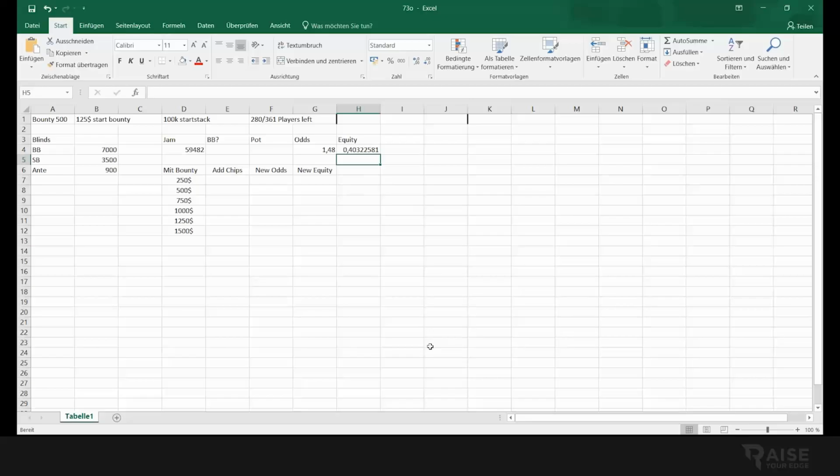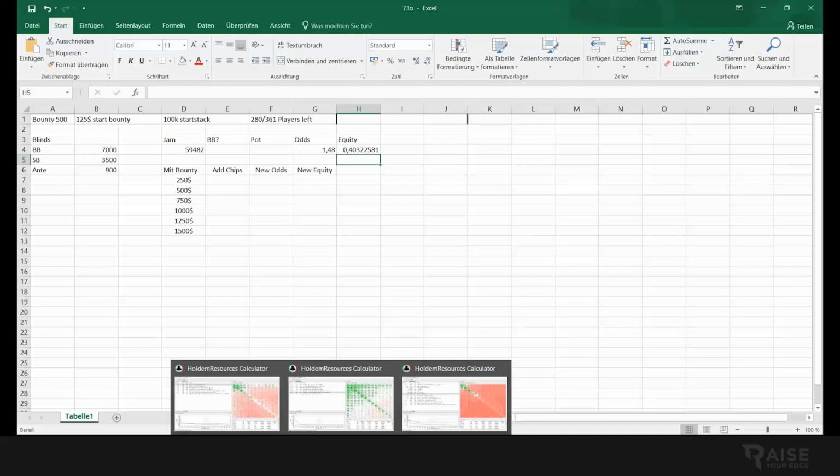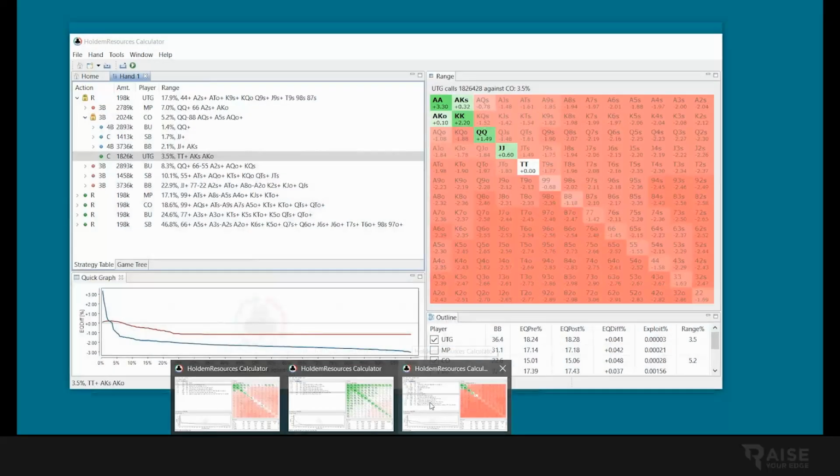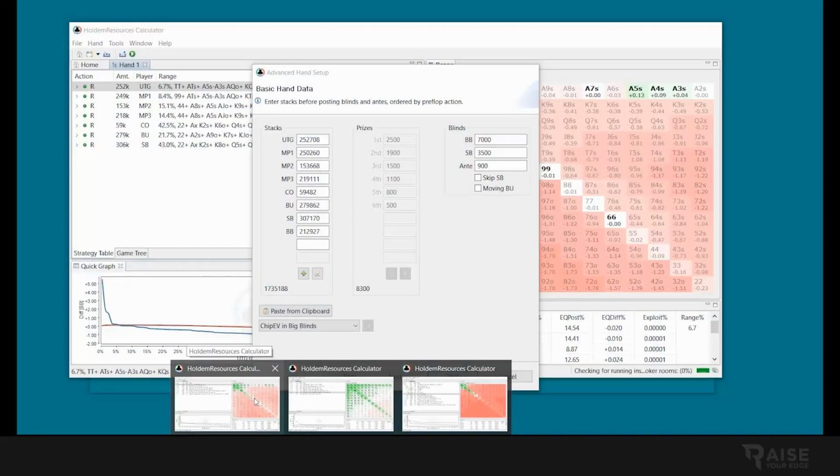Ben, maybe let's talk about the jamming range which you would assume. I will open the Holdem Resources calculator just for the range we can assume, and you can talk about this.